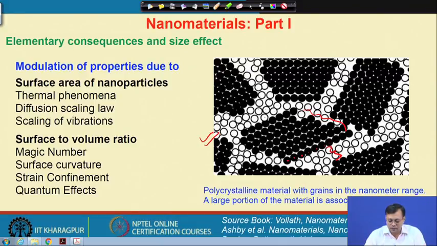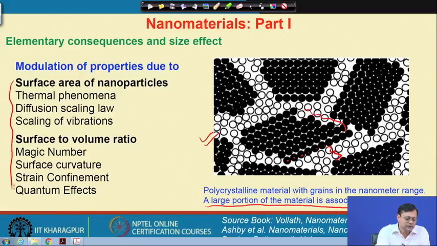However, the large portion of the material that is associated with the surface, or large number of surface atoms, is one of the very important aspects in case of nanomaterial.